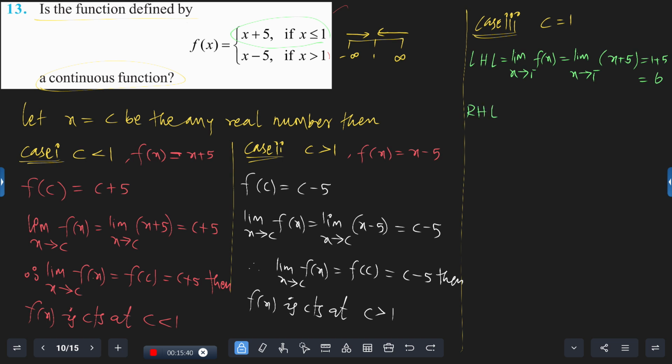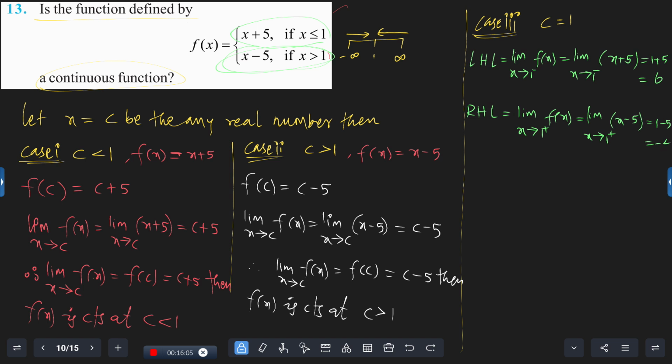Right hand limit you do, children. Right hand limit x tends to 1 plus f of x is equal to, so limit 1 plus in the sense 1 and above. 1 and above what we have? X minus 5 is the function. So x minus 5. When I apply 1 minus 5 is equal to minus 4. Is that the same answer?